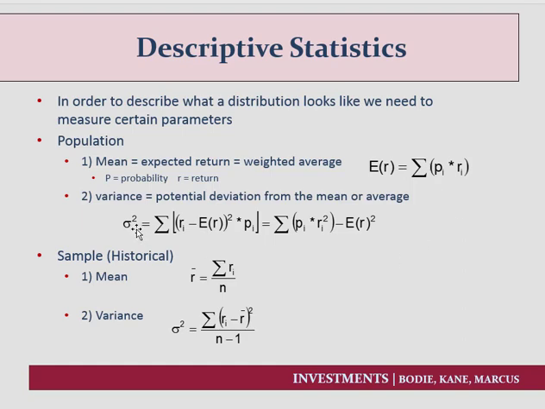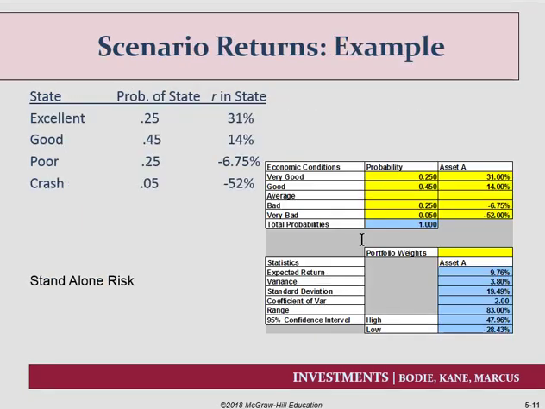The variance, you take the probability times the returns squared and then add those all up, and then in the end you subtract the expected return squared. So again, we'll go through these slides, but if you look down below, the variance is 3.8%. If you take the square root of the variance, the standard deviation is 19.5%.